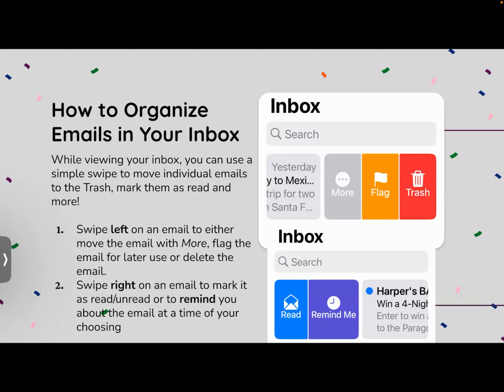So on an individual email, you can swipe from the right to the left on it to either move it with more, flag it for later use, or delete the email by tapping on trash. You can swipe from the left to the right on an email, so the reverse, to mark it as read or unread, or to remind you about the email at a time of your choosing.